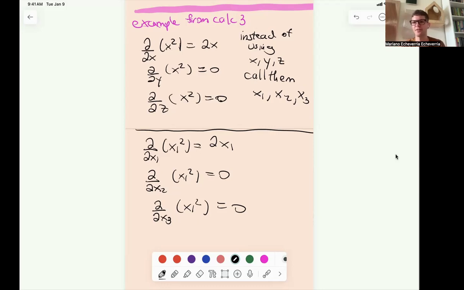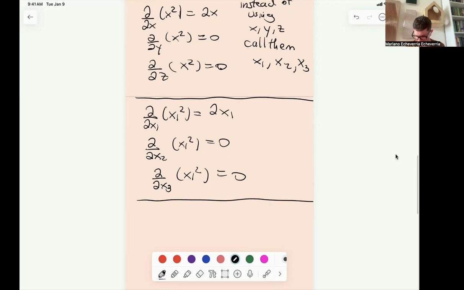But if you have the Kronecker delta around, you can summarize all that information as a single equation. How would this read using the Kronecker symbol? You would write that the derivative with respect to xi of x1 squared would be 2 xi times delta 1 i.